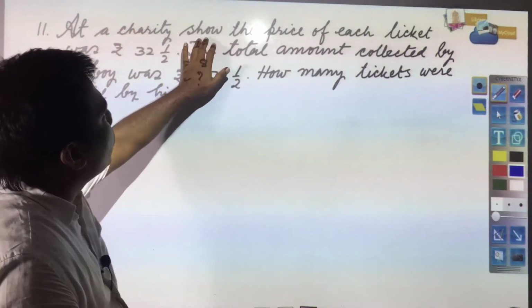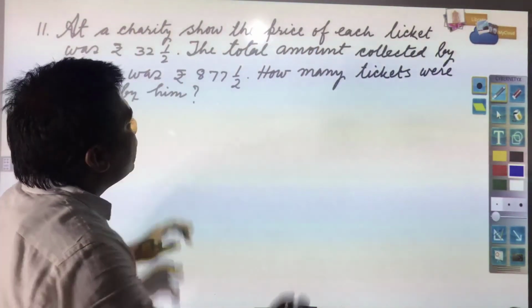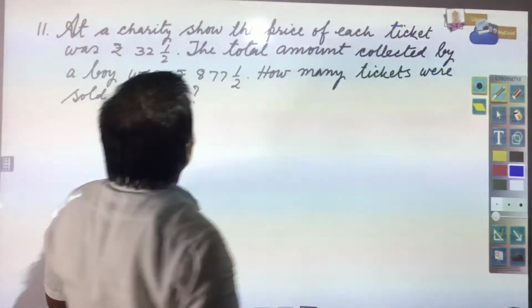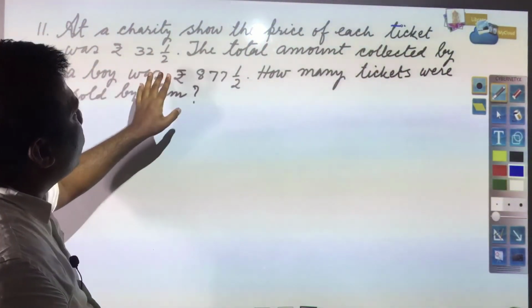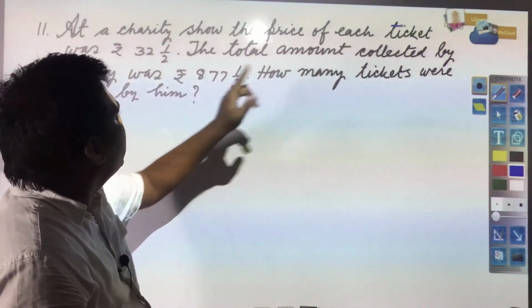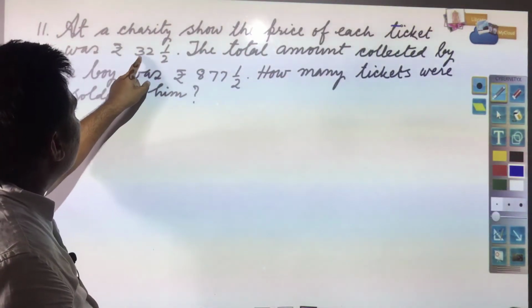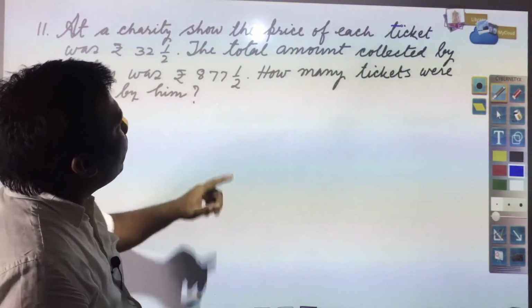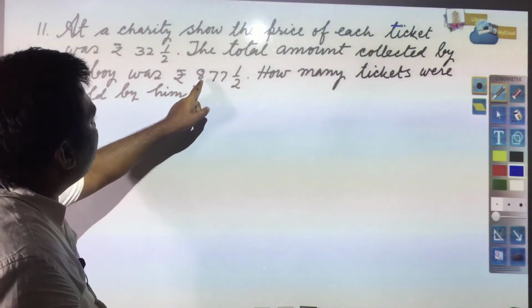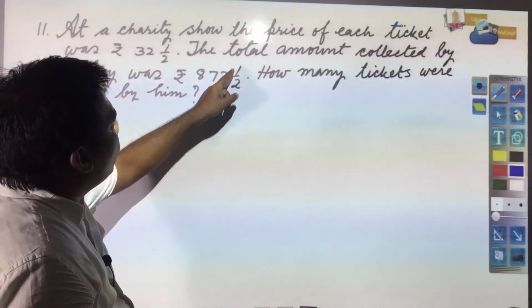at a charity show, the price of each ticket was rupees 32 whole 1 by 2. The cost of one ticket is rupees 32 whole 1 by 2. The total amount collected by a boy was rupees 877 whole 1 by 2.